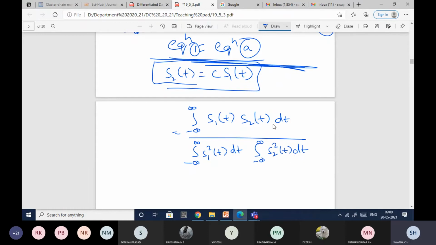Okay, here what I need to do is substitute s2(t) as c s1(t). That's all. If you substitute s2(t) as c s1(t), then there will be a whole power half for this, and a whole power half here also.